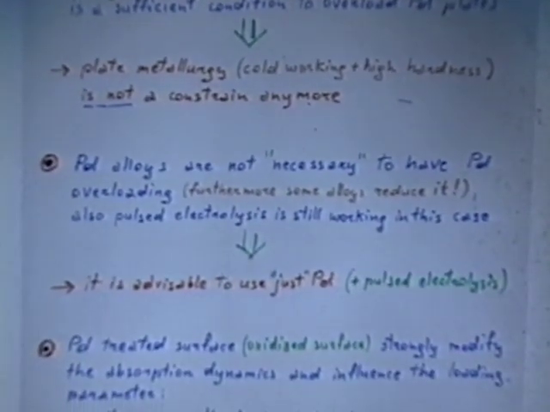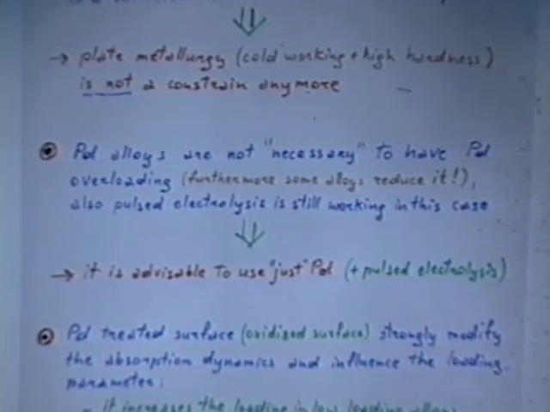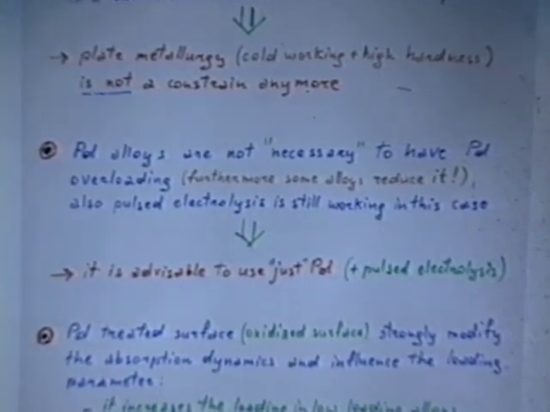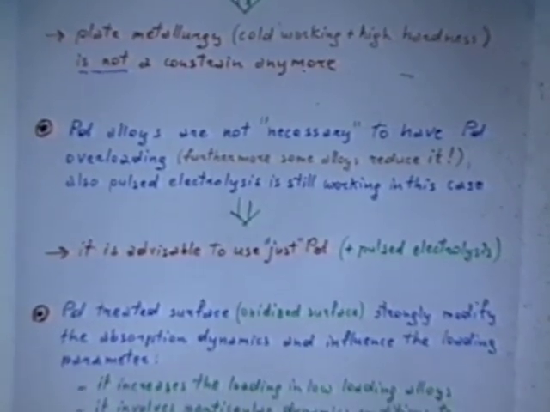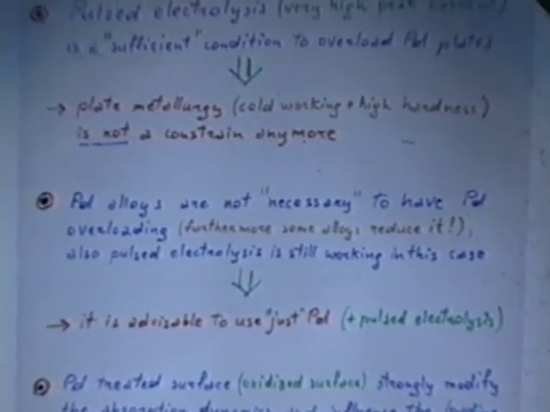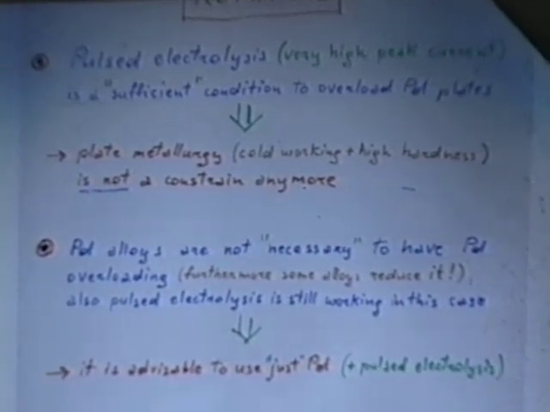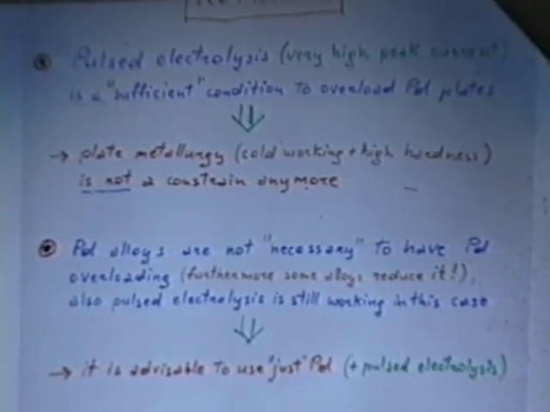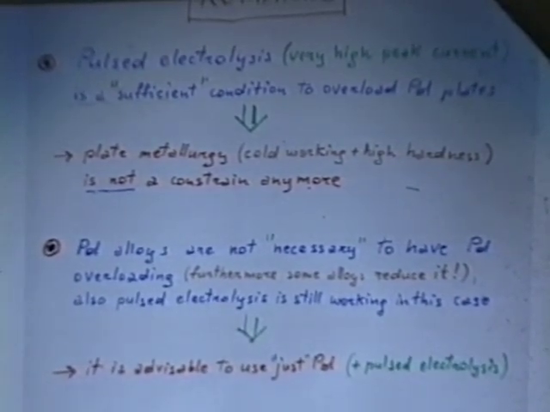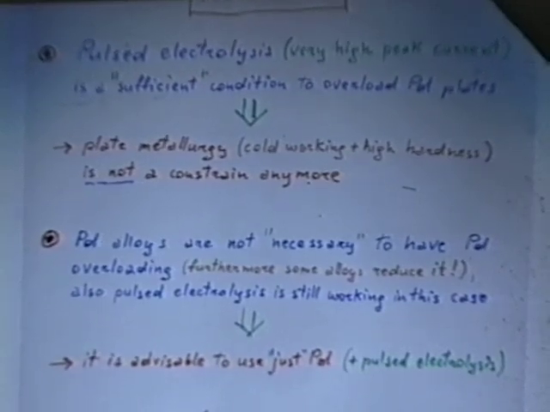We had a very strong problem at the beginning of this study because we were looking for a very hard plate. Hard plate works, but if we are in this framework of pulse electrolysis, we don't need to have a hard plate. Let me say, when we use a palladium plate of very high hardness and we warm this palladium plate to oxidize the surface, this kind of plate is no longer cold worked. So cold working maybe can be overcome.